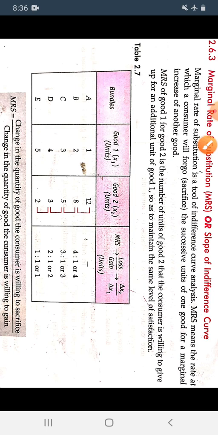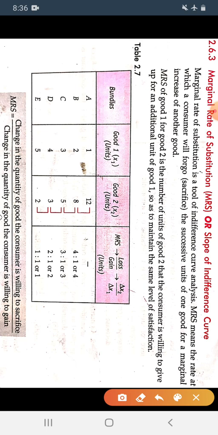In bundle A, the consumer consumes only 1 unit of good 1 and 12 units of good 2. There is no change here, because it is the first bundle. In the second bundle, the consumer is consuming 2 units of good 1 and 8 units of good 2.